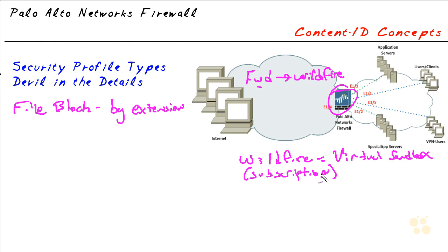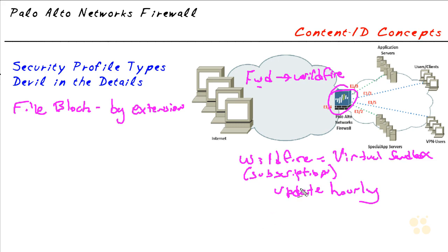So file blocking, great thing as far as looking at my content and all the stuff in there. Now, Wildfire updates, by the way, these things update hourly. So that's pretty fast.